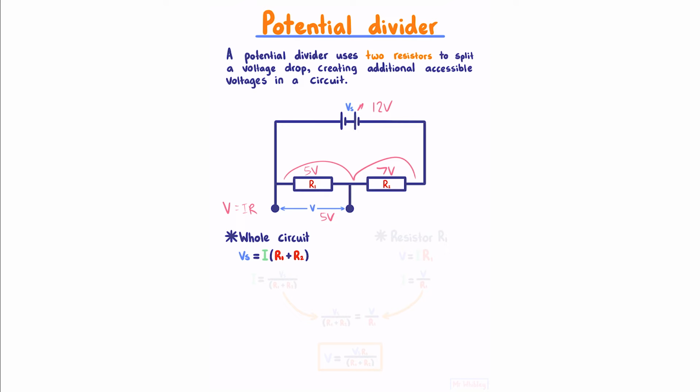And now applying Ohm's law to just our resistor R1, we have the voltage across that resistor, which is equal to the circuit current multiplied by the value of that resistor. The current is the same in both cases because this is a series circuit. Now we can solve both of these equations for current and therefore make them equal to each other, which by multiplying both sides by R1 gives us an equation for the secondary voltage.